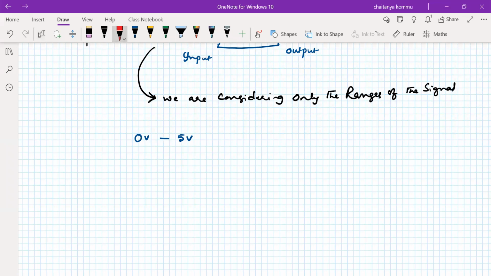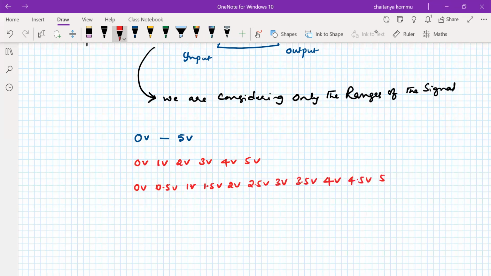For example, 0 volt, 1 volt, 2 volt, 3 volt, 4 volt, 5 volts, or otherwise 0 volts, 0.5 volts, 1 volt, 1.5 volts, 2 volts, 2.5 volts, 3 volts, 3.5 volts, 4 volts, 4.5 volts and 5 volts. There are infinitely many ways we can represent this. There is no doubt at all.